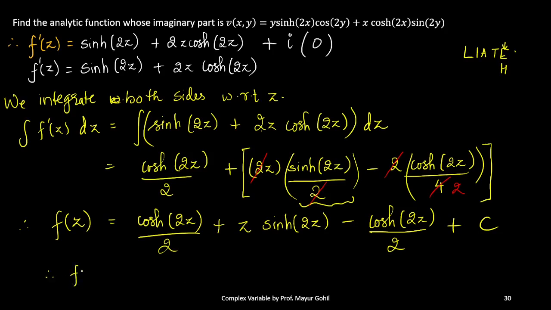Therefore f of z is equal to z sin h 2z plus c. Okay, that will be our final answer because the other cos h 2z divided by 2 cancels with minus of cos h 2z divided by 2. So our final answer is f of z equals z sin h 2z plus c.